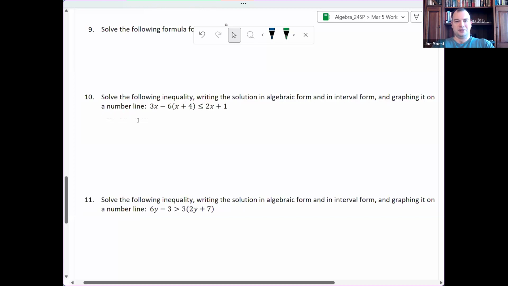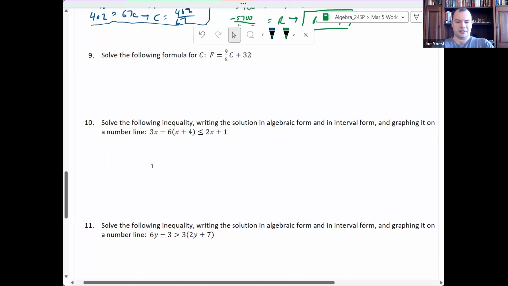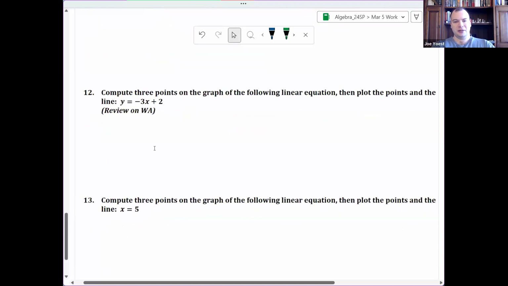If you want to, you can screenshot these or come back to the recording and work through problems 9 through 11 as practice. You can work through problem 14 as practice, but let's take about 3 minutes. I think these should go quickly. Work through problems 12 and 13 in 3 minutes, and then we'll come back. We'll discuss the problems, and we'll go through an example on WebAssign.